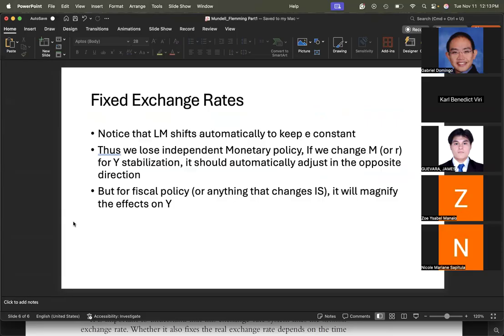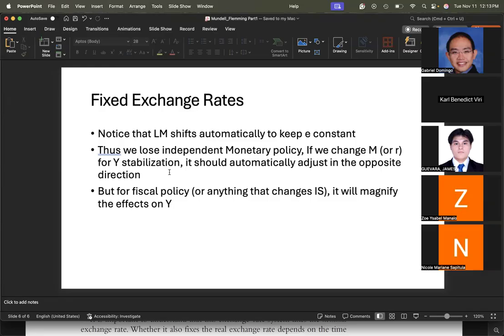Okay, thus we lose independent monetary policy. If we change M or R, in this case, we cannot, right? Because R equals R star. For Y stabilization, it should automatically adjust in the opposite direction, right? Because you want to keep E constant.